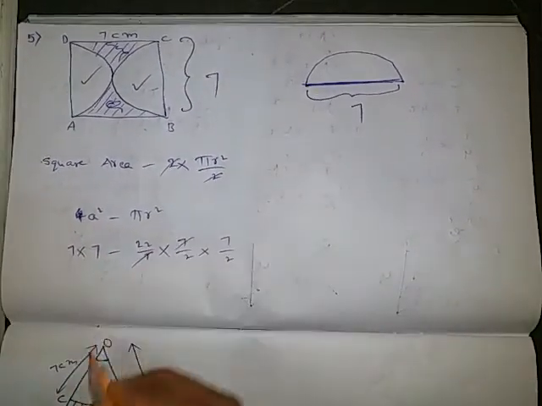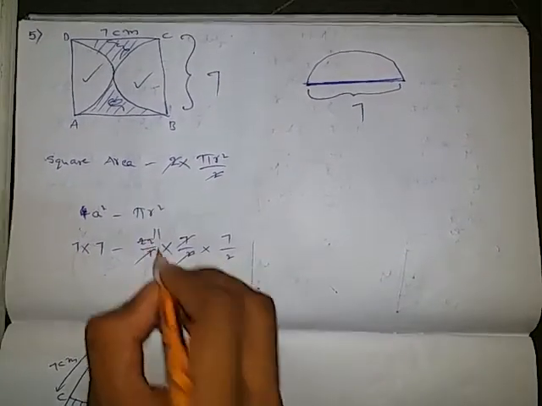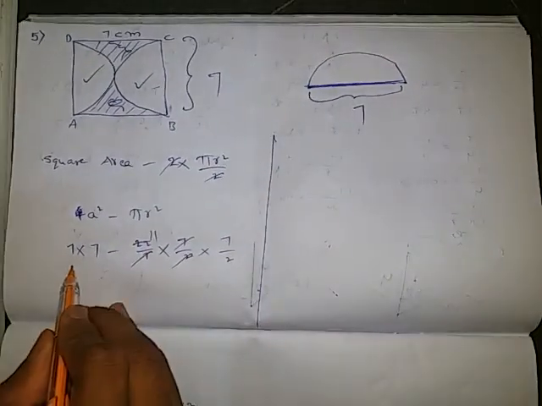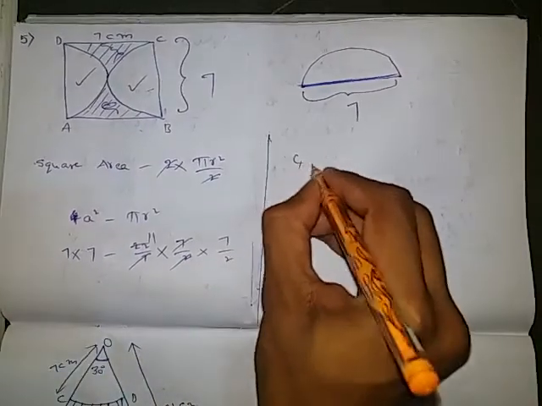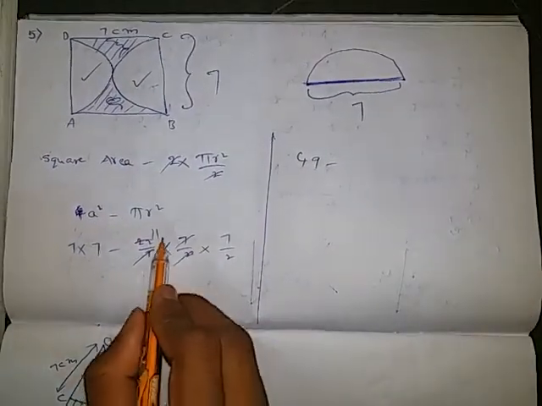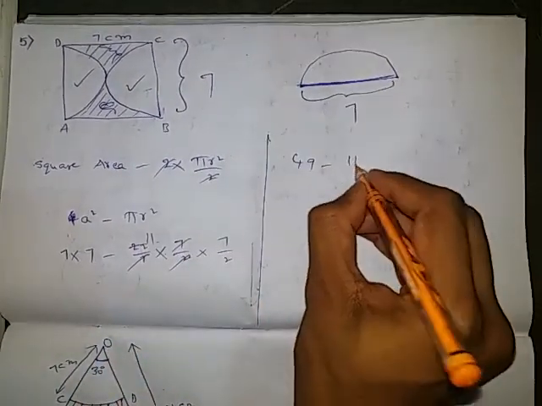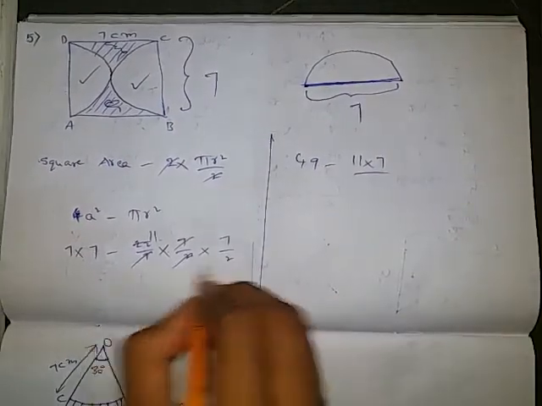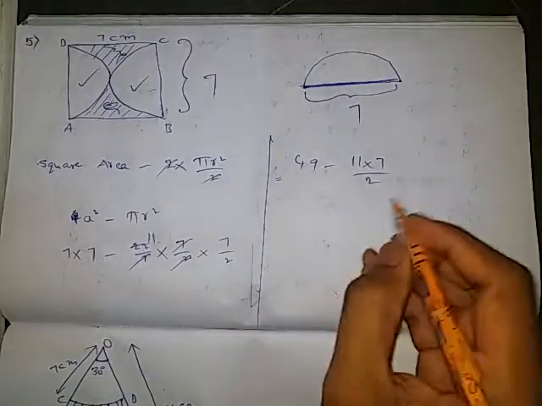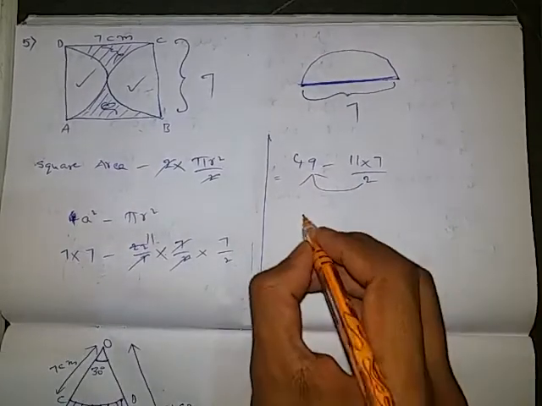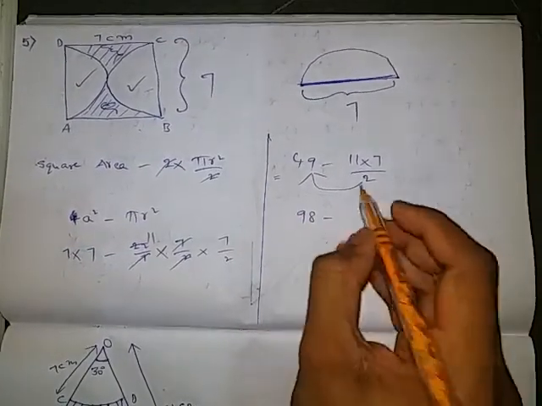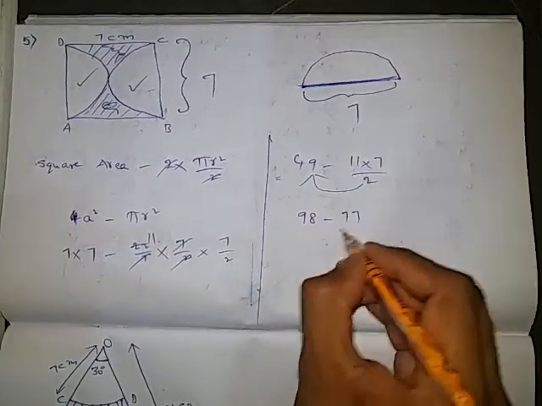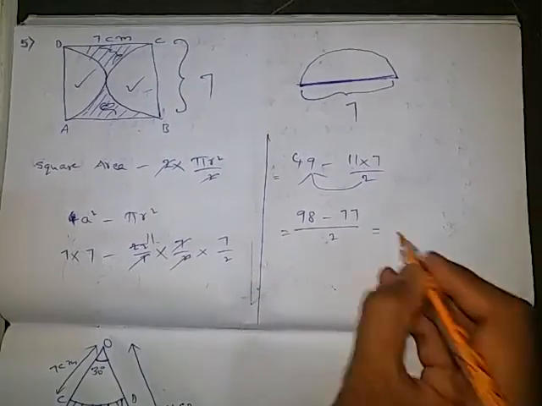Here 7 will get cancelled, 2 ones are 2, 2 elevens are 22, so we remain with 7 into 7, 49, minus 11 into 7 divided by, in the denominator, 2. So 2 into 49, 98, minus 11 into 7, 77, divided by 2.